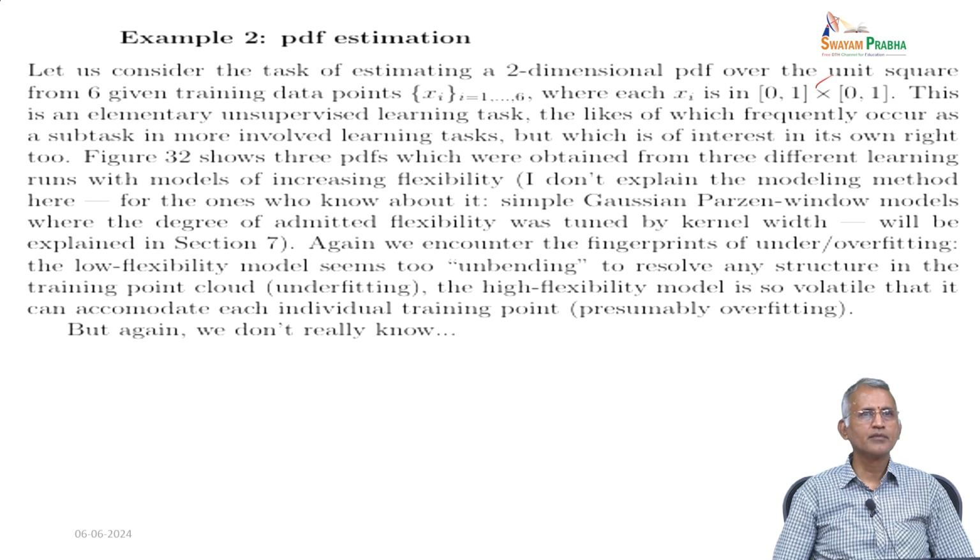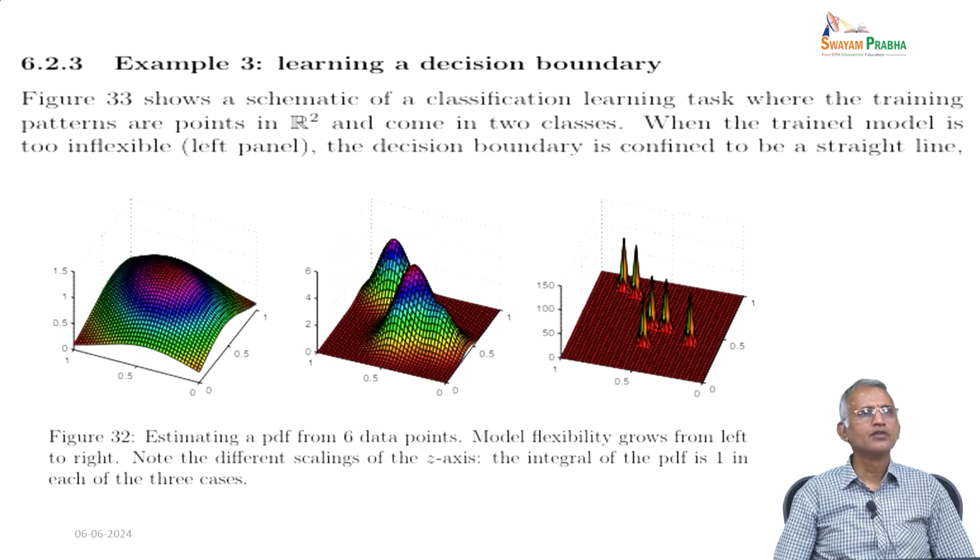The low flexibility model seems too unbending to resolve any structure in the training point cloud. The high flexibility model is so volatile that it can accommodate each individual training point, but again we do not really know. So, we are going to discuss example 3, the learning decision boundary.